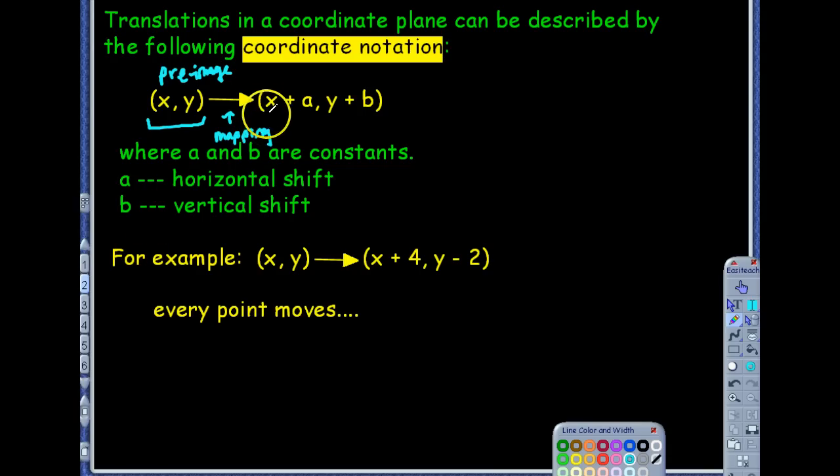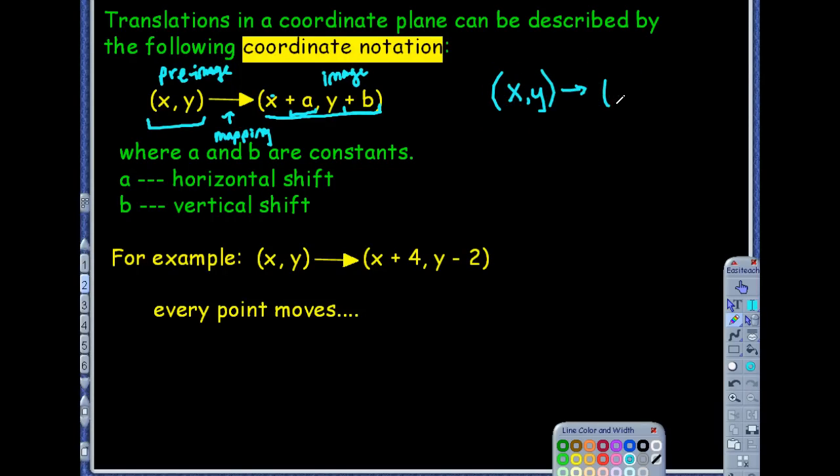The next ordered pair is a way to describe what I am doing to my x value, adding so much, or what I am doing to my y value, adding so much, in order to get to my image. You're going to notice that we've seen this a lot already. We just didn't describe it as coordinate notation, where we've got an x comma y that's being mapped to.